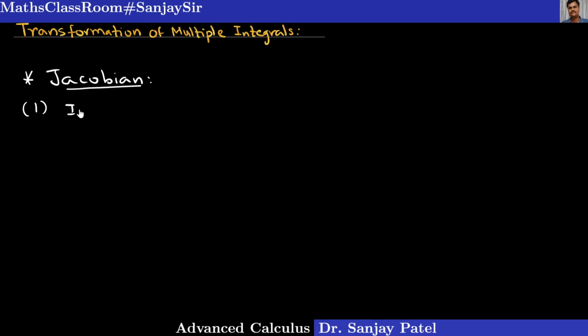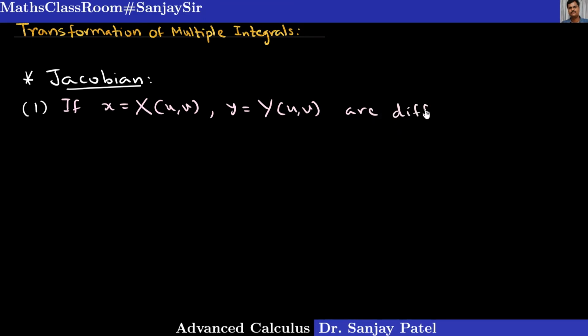If x is a function of u and v, and y is also a function of u and v, meaning x and y are differentiable functions, you know what is the meaning of differentiable functions of two variables and three variables.